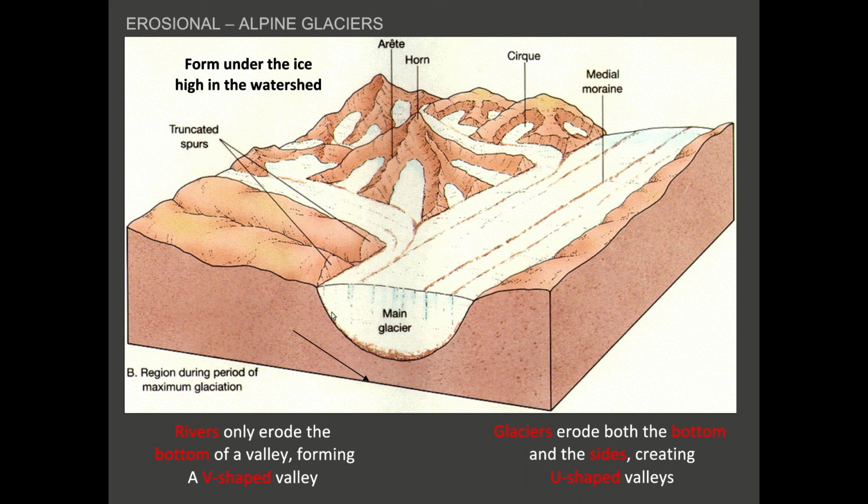You can kind of imagine that if you're a spatial person. Otherwise, there's some pictures too. But that's what makes arêtes extra sharp. And then when multiple arêtes go together, that makes a horn. And the point where a glacier flows from is called the cirque, and they're bowl-shaped.